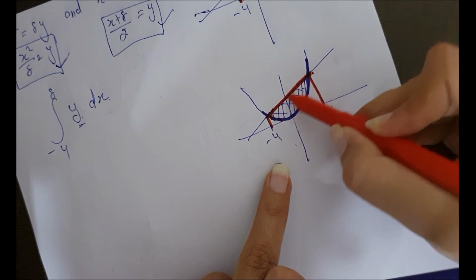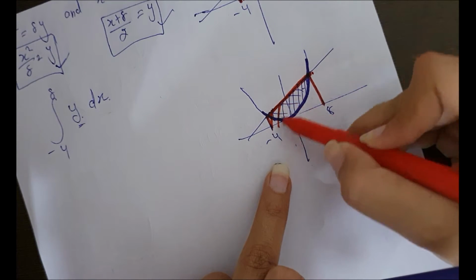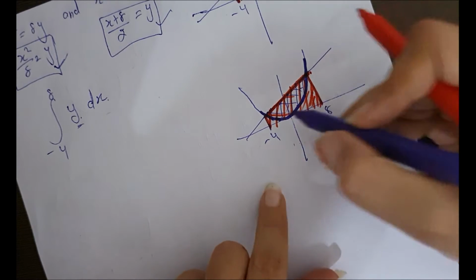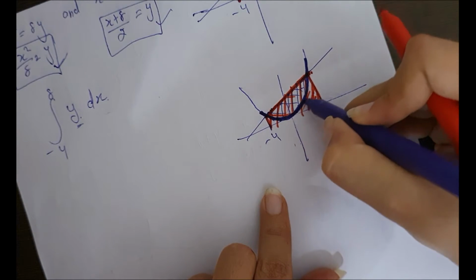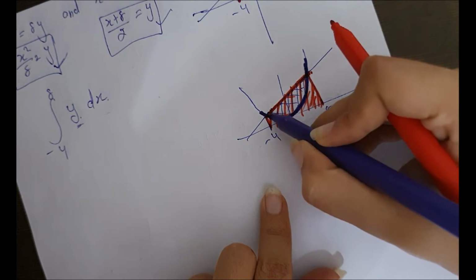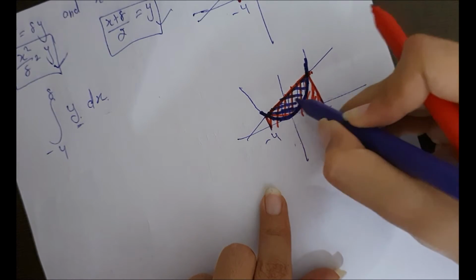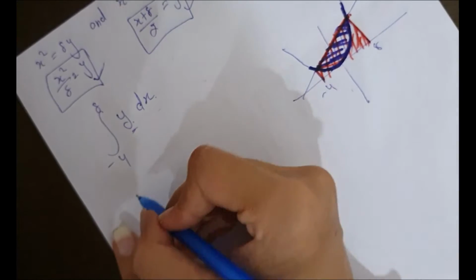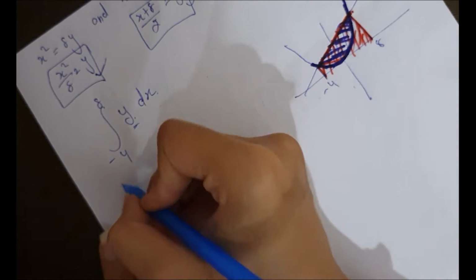If we take the equation of the line, we get this whole part. If we subtract the equation of the parabola from this whole part, then we get this part. This is the desired part that we want. So the limits are from -4 to 8.